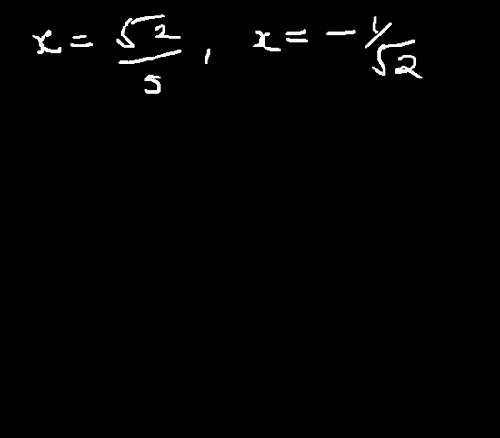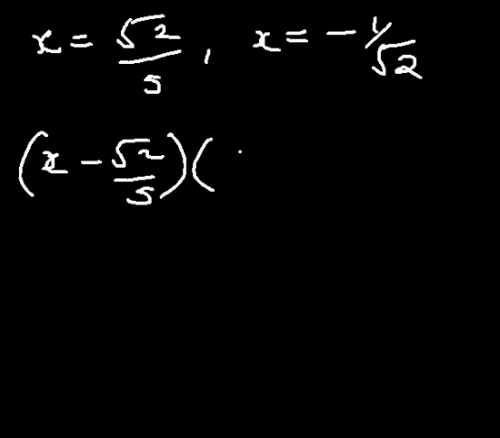Our principle remains the same. We'll have (x minus the square root of 2 over 5) times (x plus 1 over root 2), which is equal to 0.